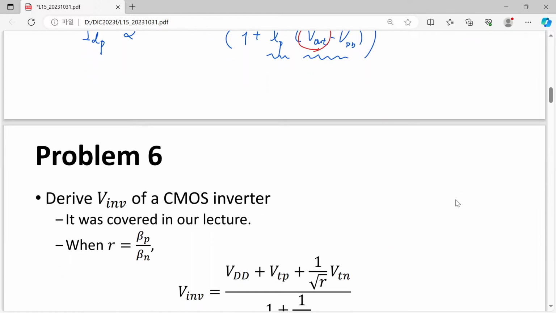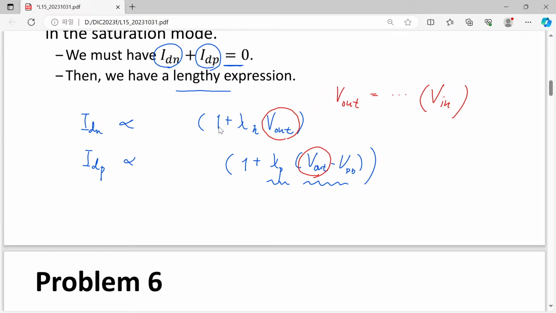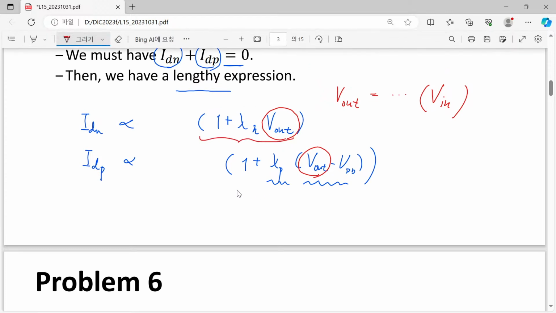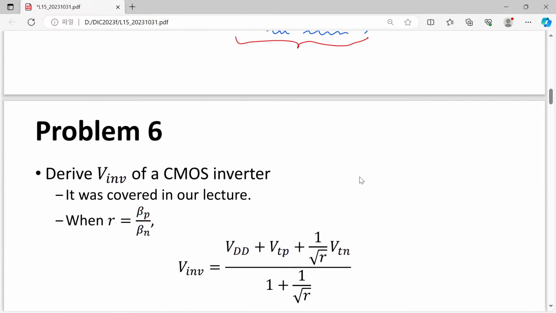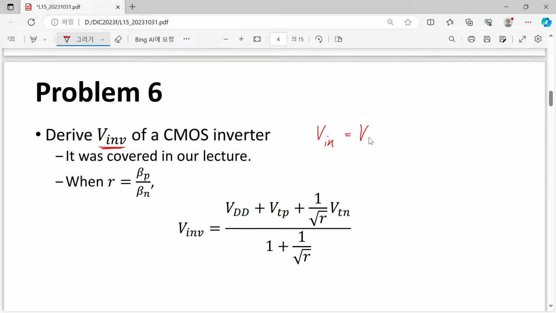Problem number 6 was about a similar problem, but let's consider a CMOS inverter where we don't care about this term and that term that are related with output resistance. In this case, we try to find out the inversion threshold. So Vin, our input voltage, and output voltage are equal to V inversion threshold.